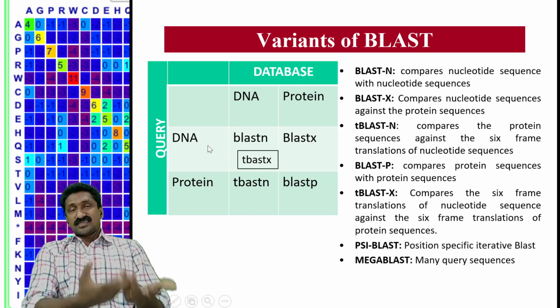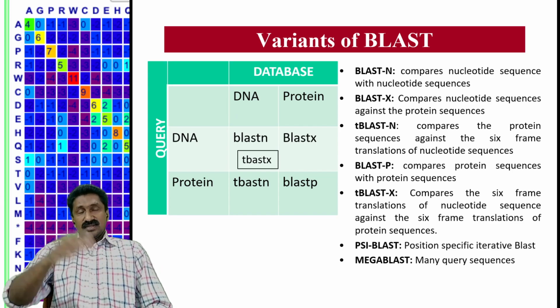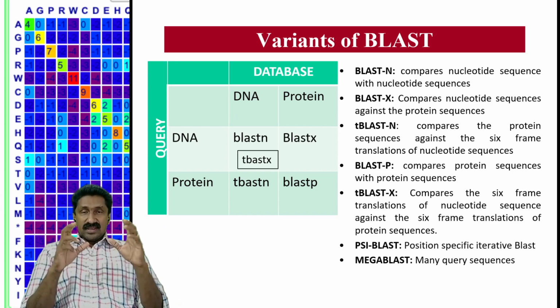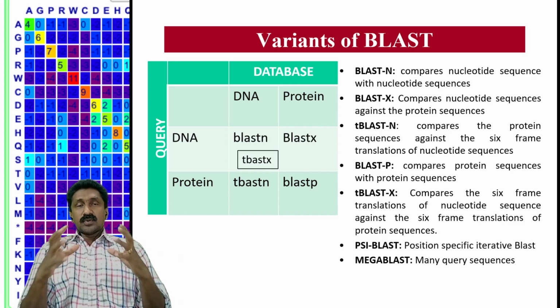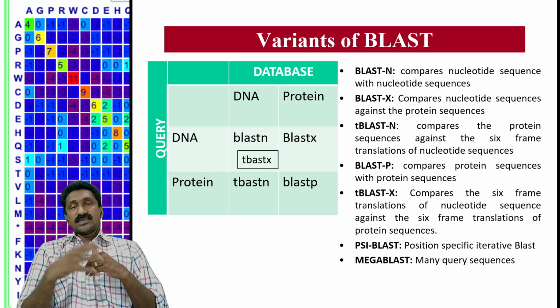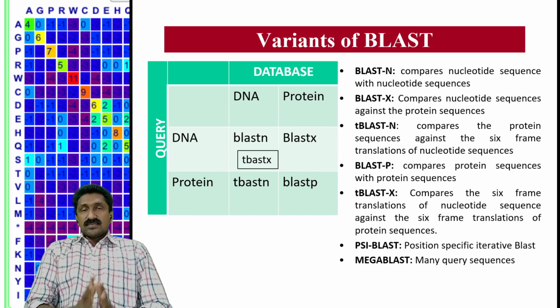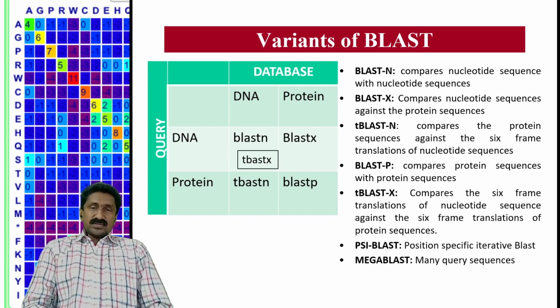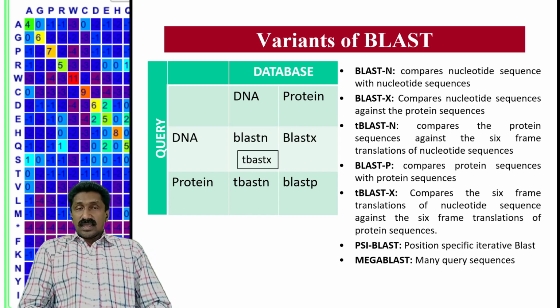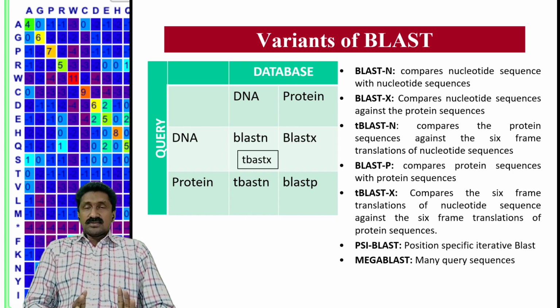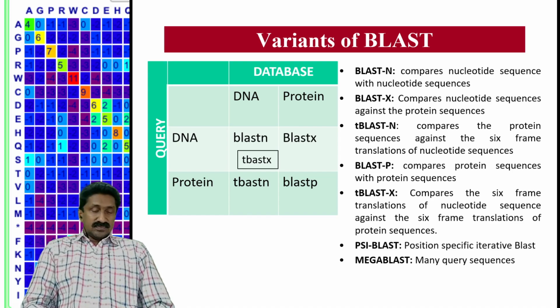Your query will be translated computationally. Your target DNA database will also need to be translated, and the translated protein sequences from both the query and database will be compared. And that alignment is actually done using TBLAST-X.